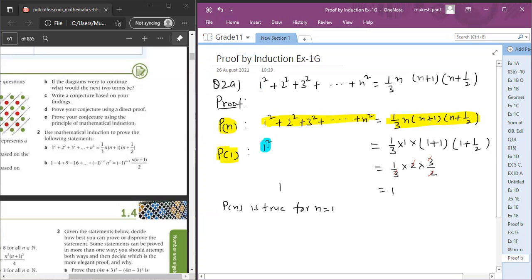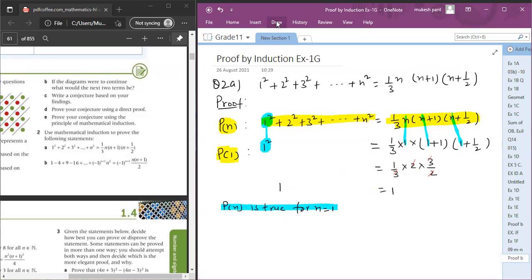Here n equals to 1, here also n equals to 1. Now I simplify this one, then I get 1, so 1 equals to 1. It means this statement Pn is true for n equals to 1. First step is clear?